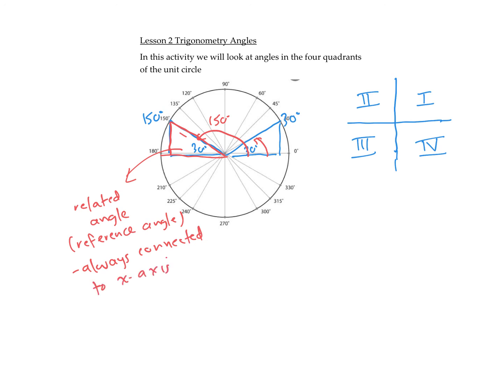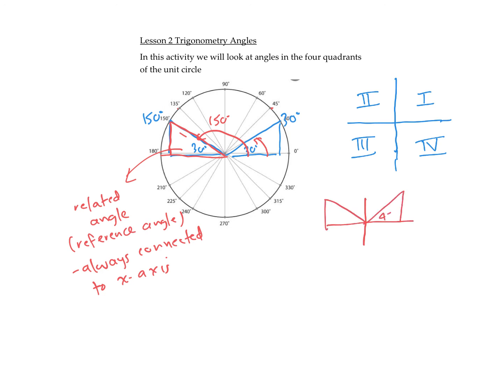This diagram is often called a unit circle because you have all the angles. The radius is 1. A unit circle means the radius is 1. It's showing all the different measurements and where they exist in the quadrants. For example, 45 in quadrant 1 has the same reference angle, or related angle, as 135.